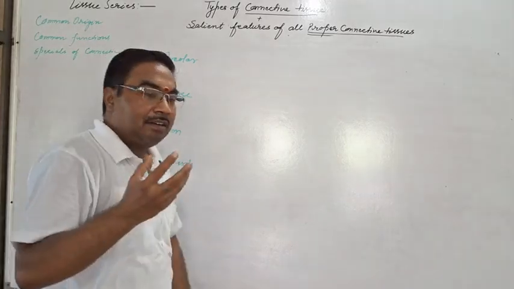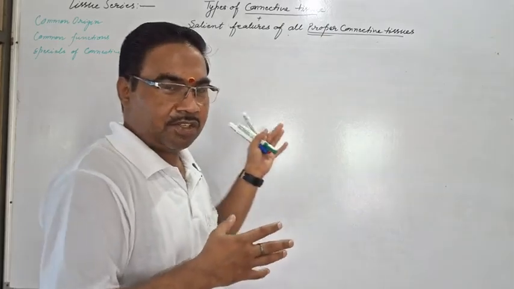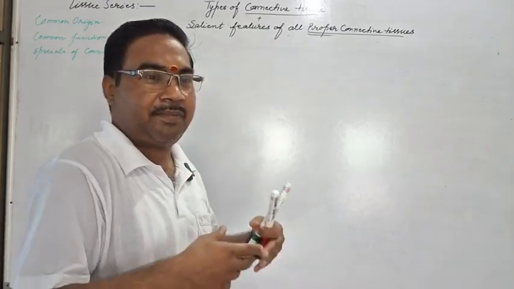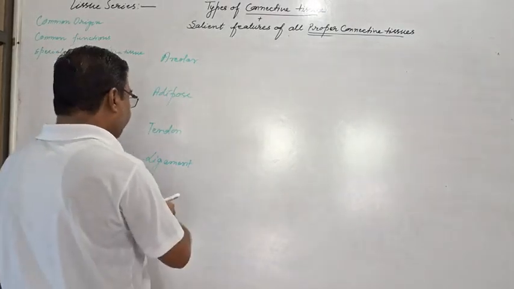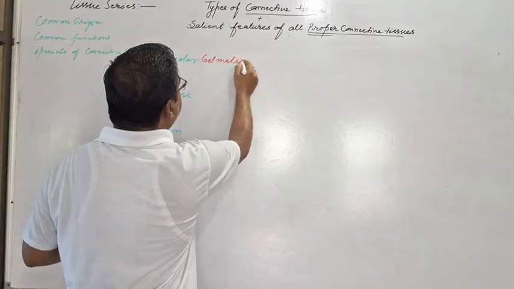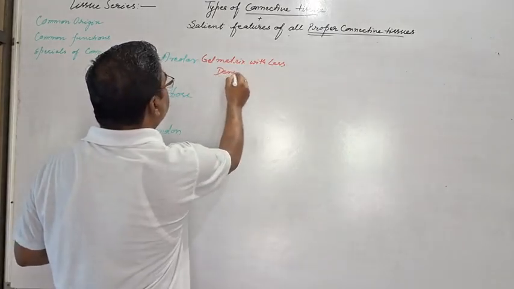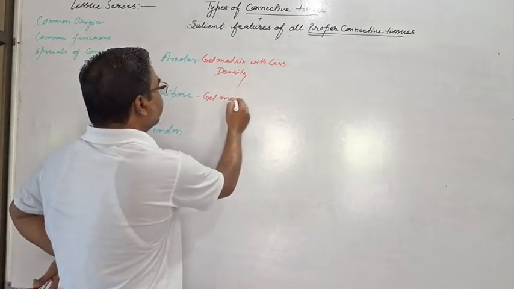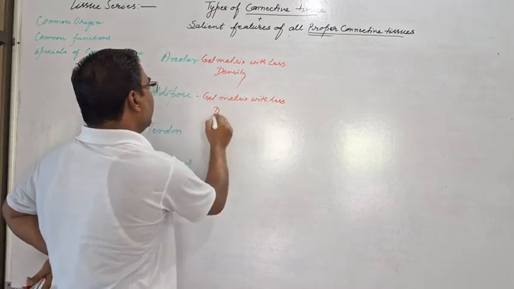If we focus on the different components by which all these types of tissues are formed, different types of cells, different types of structures: areolar is formed of gel matrix with less density. Adipose is also formed of gel matrix with less density.